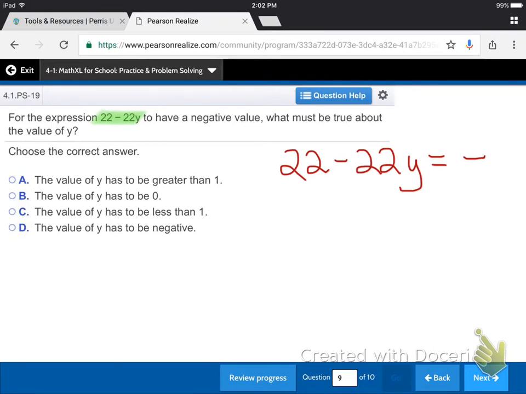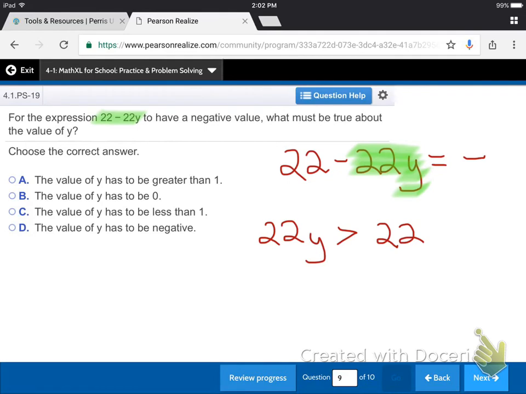Well, that means that this part of the expression, 22y, has to be bigger than 22 because we're subtracting. And if we subtract something that's bigger from something that's smaller, then the answer will be negative. For example, if we take 2 minus 3, then the answer will be -1. So if we want a negative answer, it means 22 times y has to be bigger than 22.